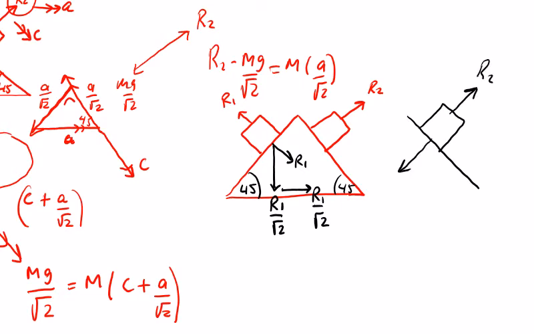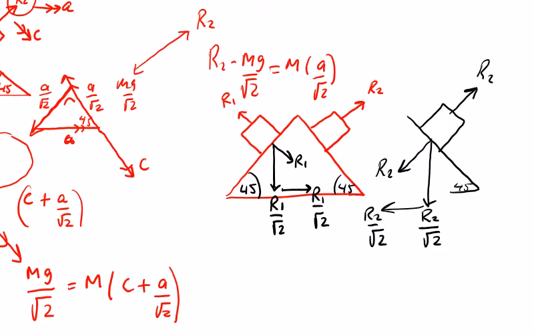Coming straight down, adjacent to that 45, we have R2 times 1 over root 2, R2 over root 2. And in this direction here, I also have R2 over root 2. So you can see they all work out the same here.